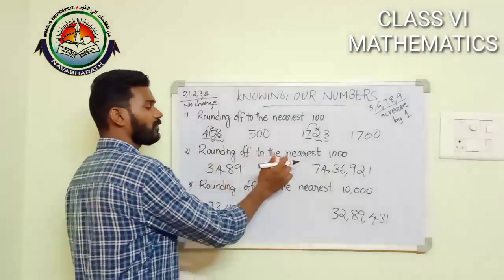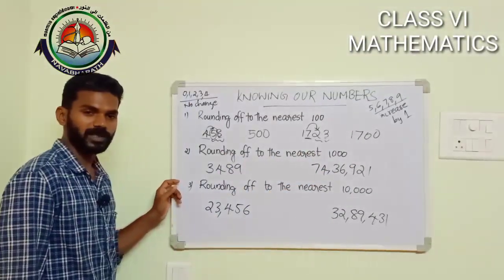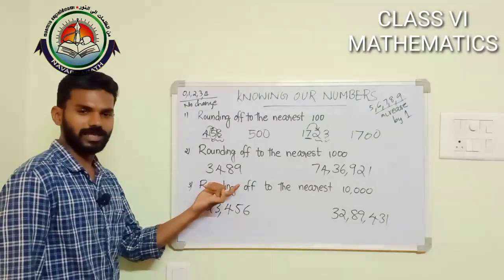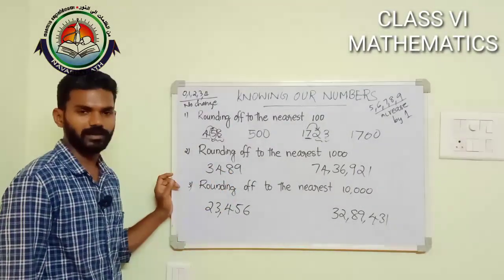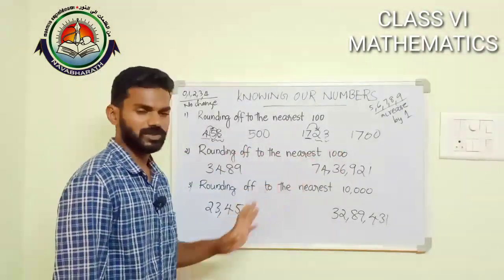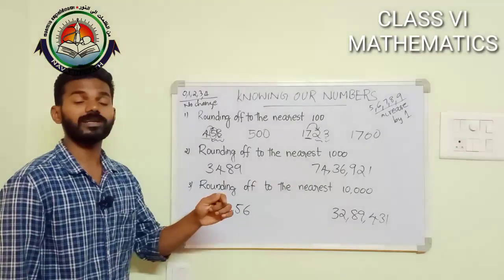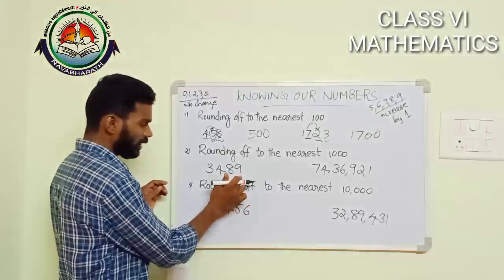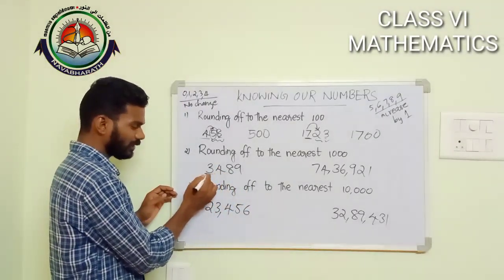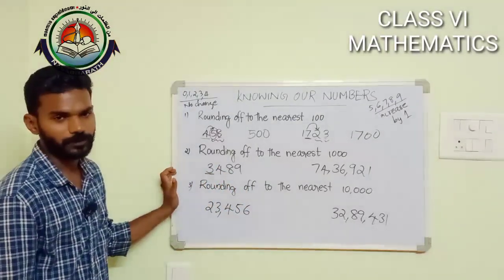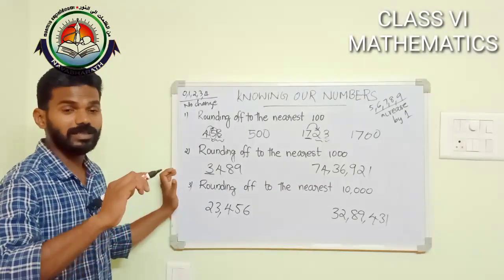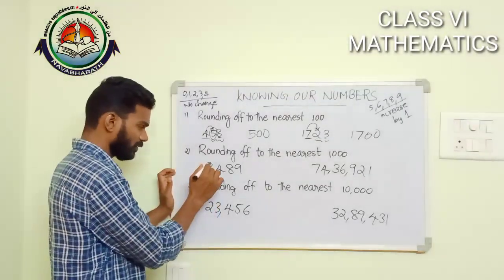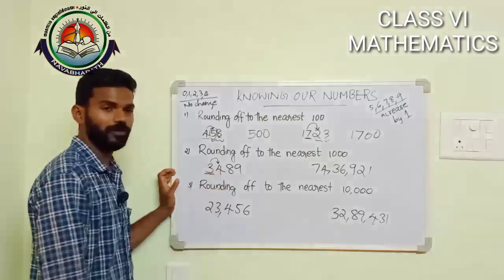How can you do rounding off to the nearest 1000? See, here is an example: 3, 4, 8, 9. Round off to the nearest 1000. First of all, consider the digit at the thousands place. Ones, tens, hundreds, and at the thousands place it is 3. Then consider the digit next to it. Next to it, it is 4.